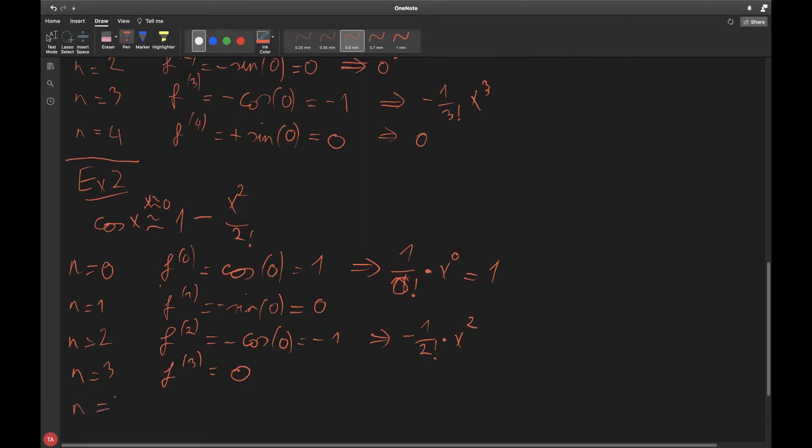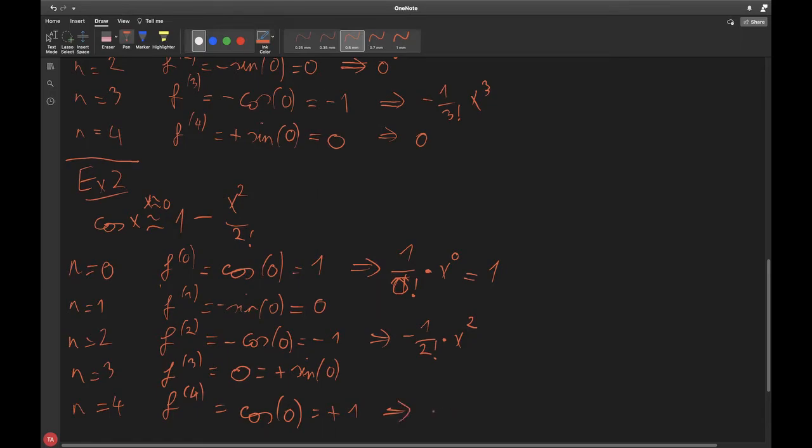Then the next term, the fourth, f4 is going to be a derivative again, which is well, okay, so I was not writing it here, but derivative of this is a plus sine 0. So the derivative of plus sine is going to be a cosine at 0, which gives us a plus 1.